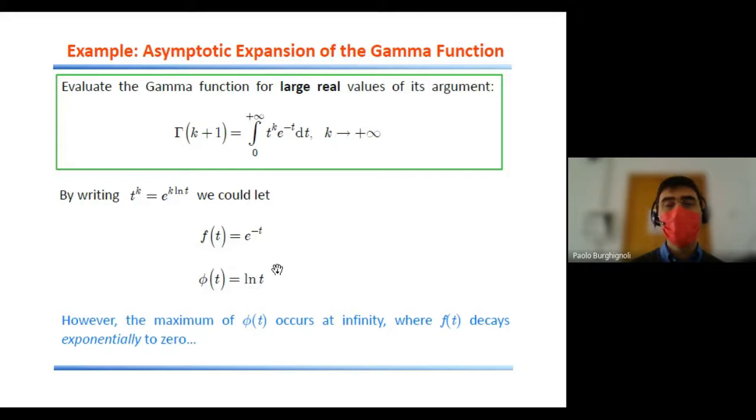So the point where you would expect the dominant asymptotic contribution is also a point where the integrand is negligible beyond all orders. So this isn't the right way to do it.